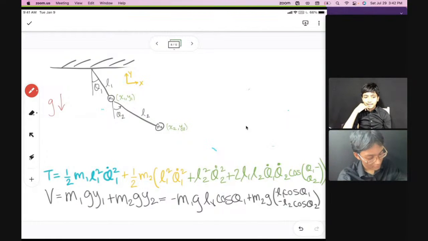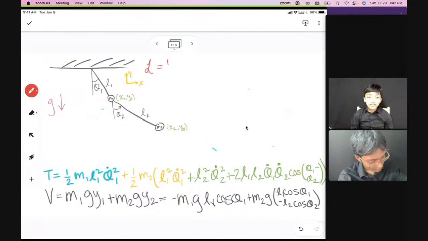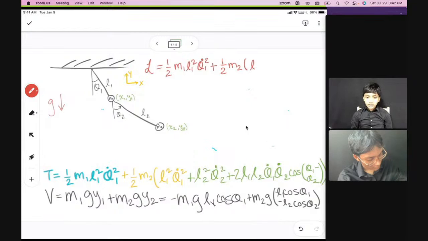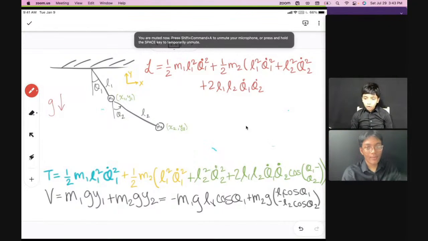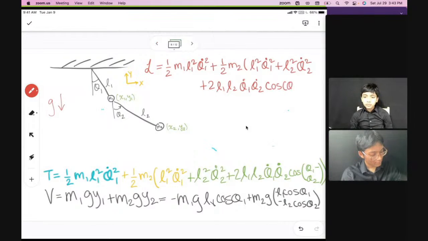It's going to be half m1 L1 squared theta 1 dot squared plus half m2 times parenthesis L1 squared theta 1 dot squared plus L2 squared theta 2 dot squared plus 2 L1 L2 theta 1 dot theta 2 dot. Yeah, you can keep going. Cosine theta 1 minus theta 2.